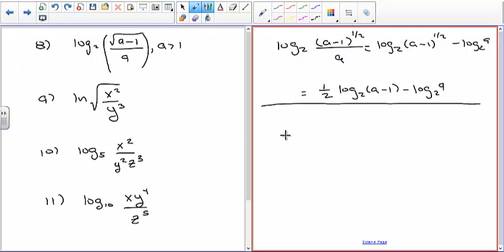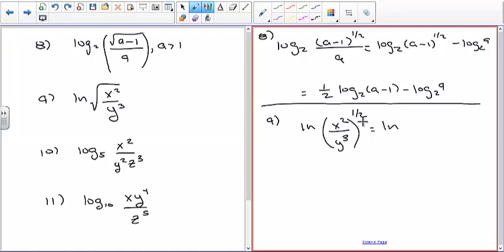Okay, number 9. That was number 8. Number 9. So again, I'm going to change the square root into a fractional exponent. And I haven't used any properties of logarithms.